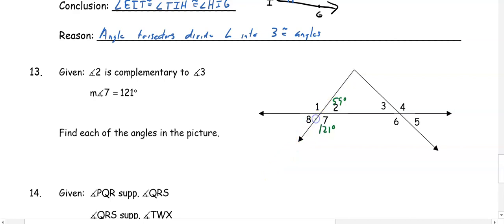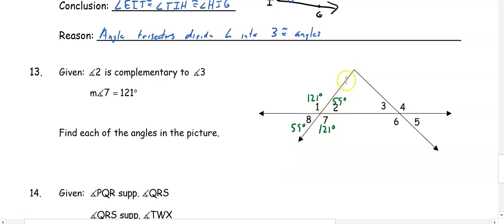If we use the straight line going the other way, we can do the same thing with 8. So angle 8 is also 59 degrees. Now, notice that 2 and 8 were the same measurement. So 1 and 7 are also going to be the same measurement, because if we go back to our original straight line, 121 and 59 are what's making those straight lines.